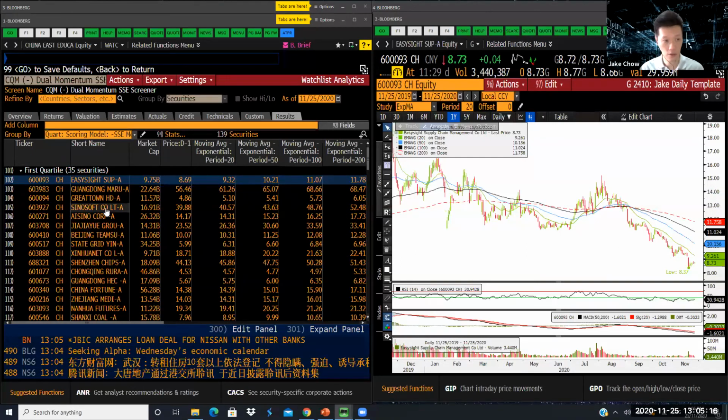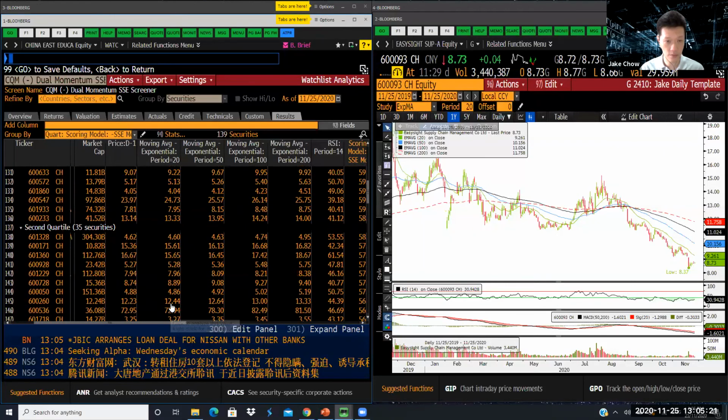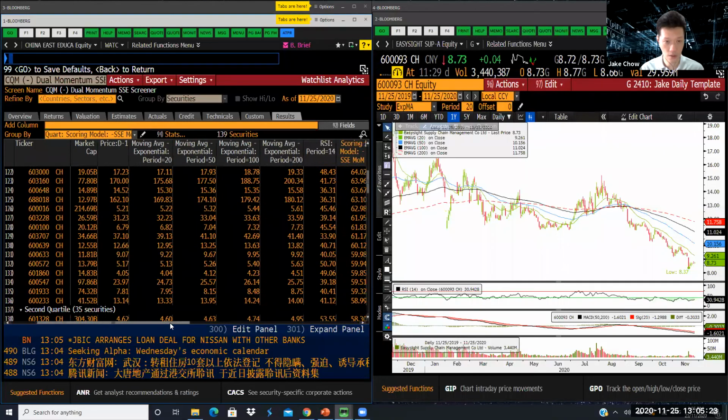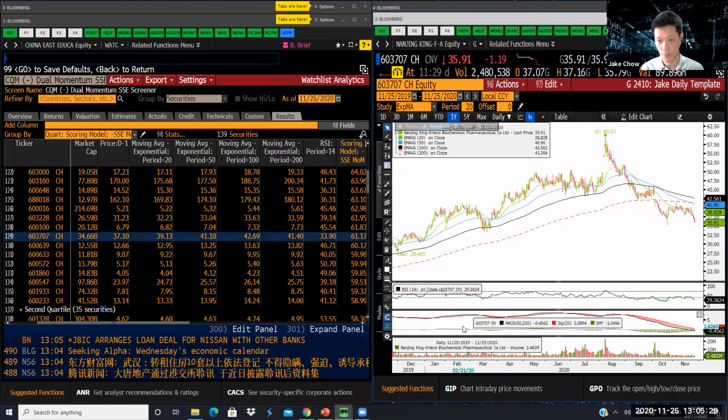It has the highest score, and you can move down to find something in the range of 60. Okay, let's just pick something around here. Can you see the relative difference in the score? So a lower score means it's less weak comparatively within the universe, right?